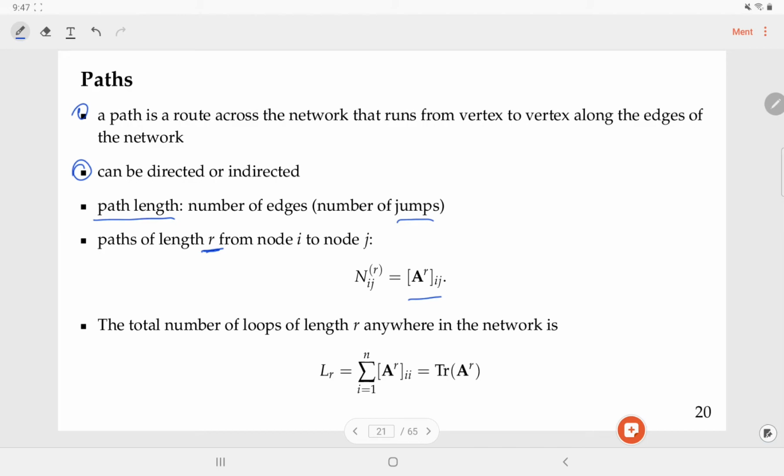That's going to be the indication of a path between i and j which has length r.